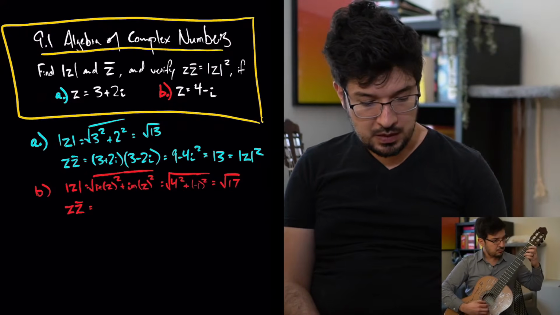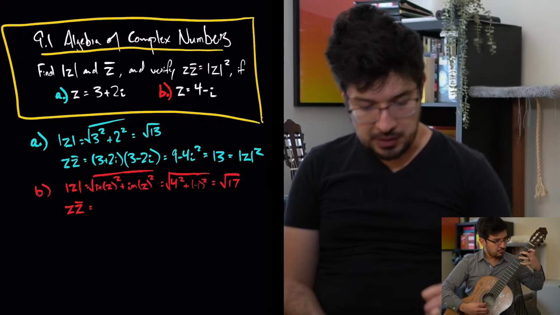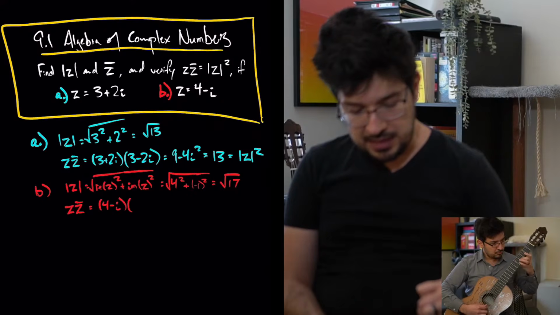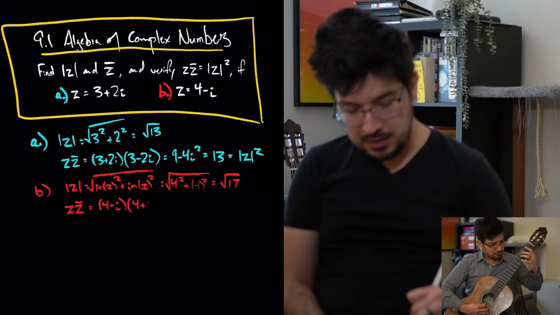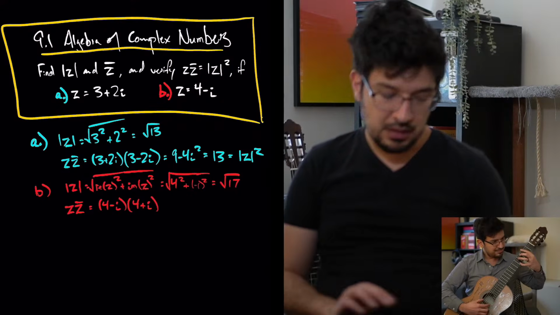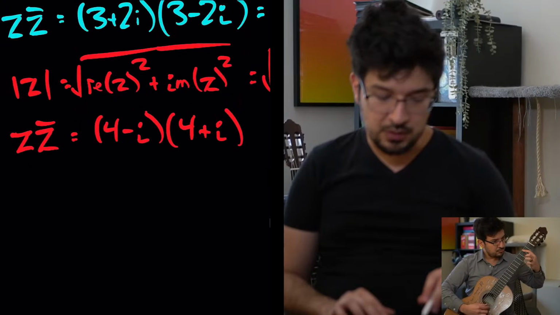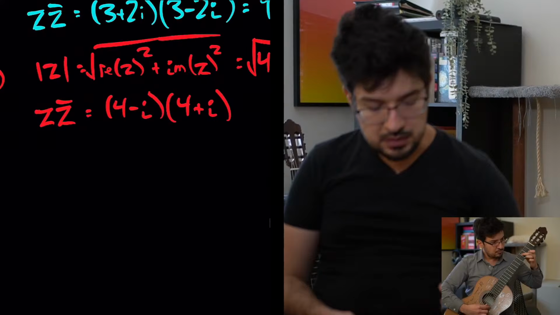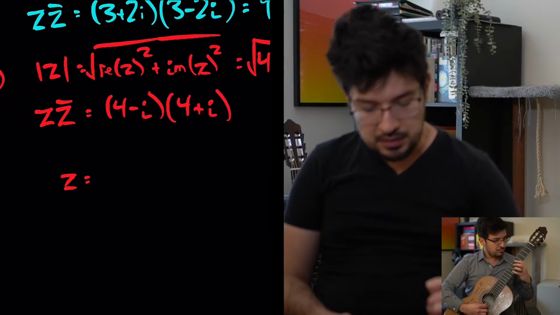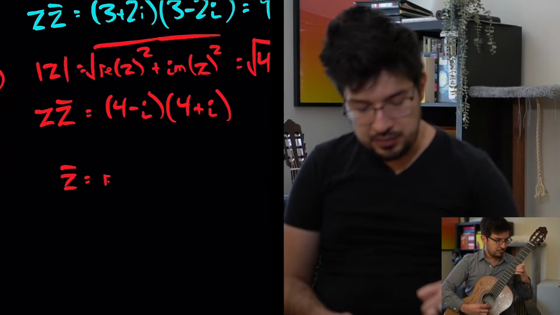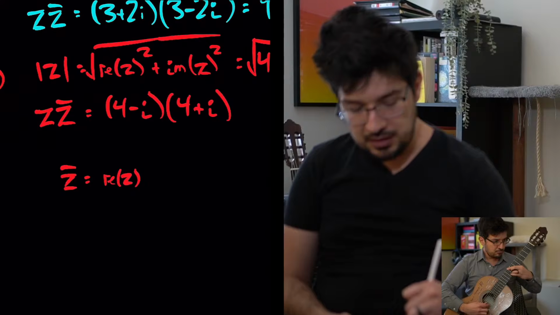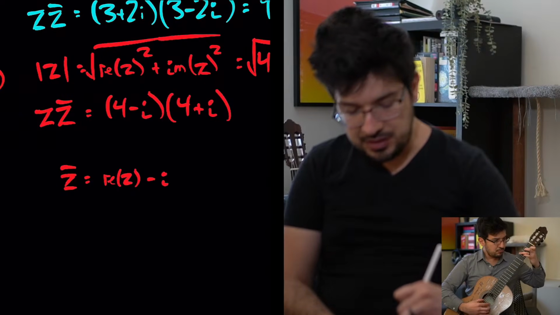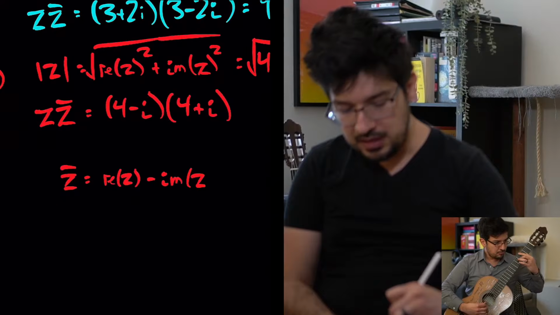So z times z bar, z times z conjugate, is 4 minus i times 4 plus i. With the conjugate, z bar is the real part of z plus, minus the imaginary part of z, instead of plus.